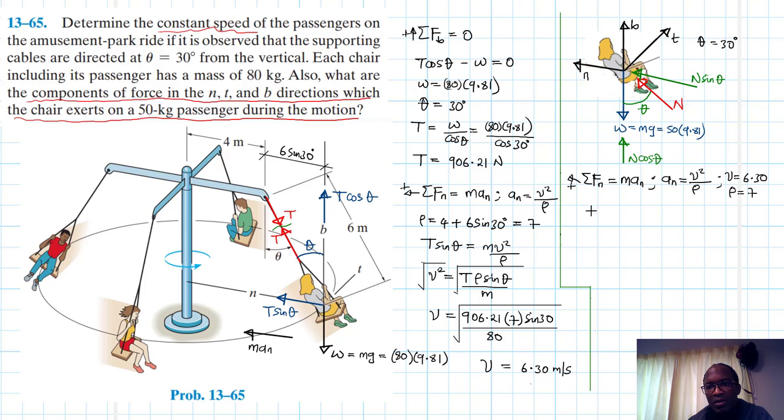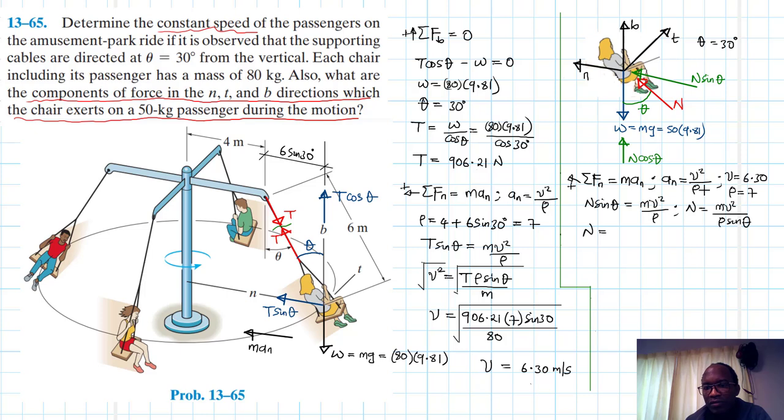So rewriting all this, we do have n sine theta equal to mv squared divided by rho, and our n therefore will just be equal to mv squared divided by rho sine theta.